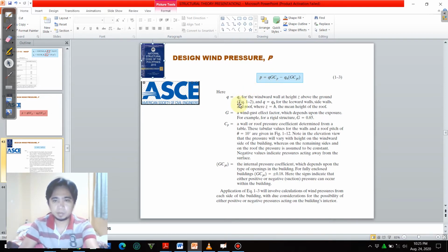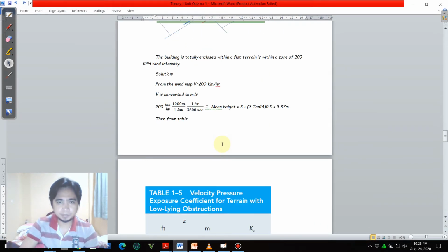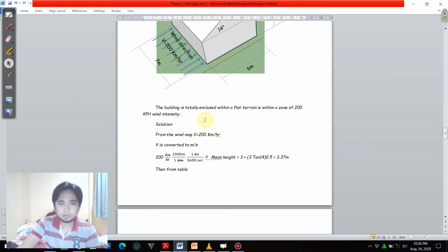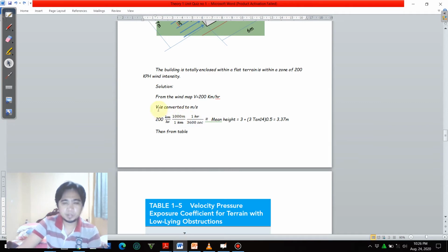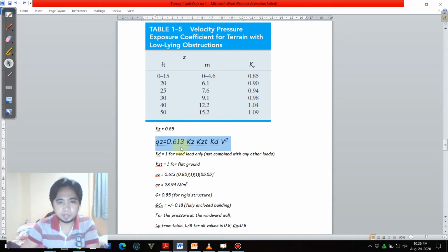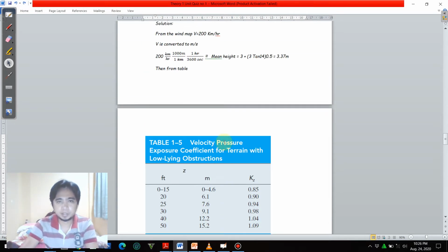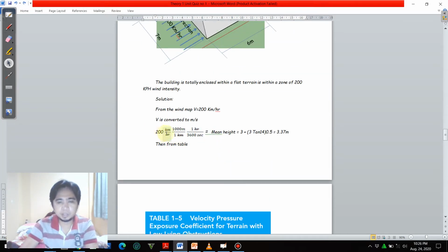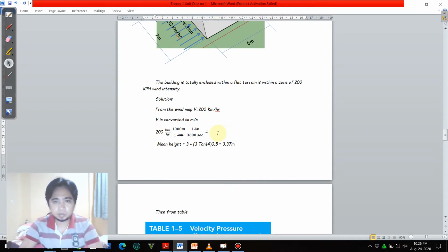Okay, so going back to the problem, first we need to convert the velocity, because in the formula of this QZ, V should be in terms of meters per second. So 200 kph here is being converted to meters per second.